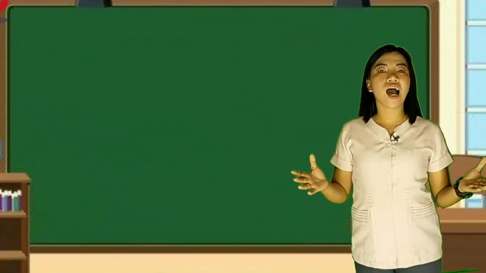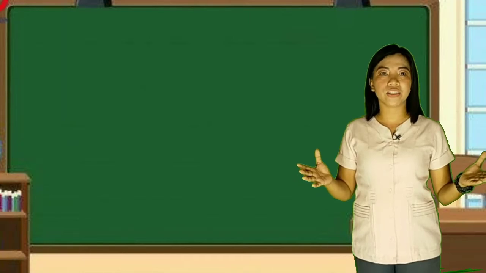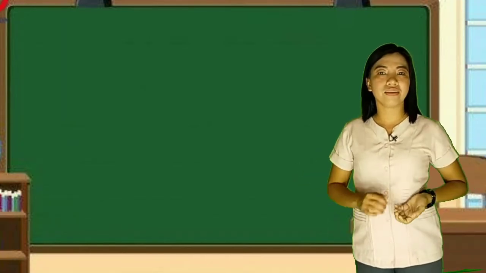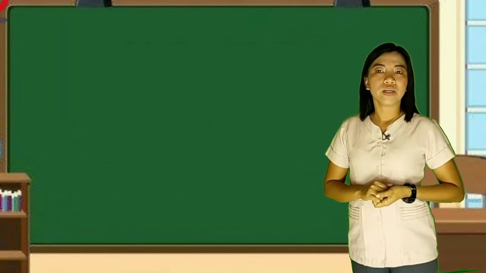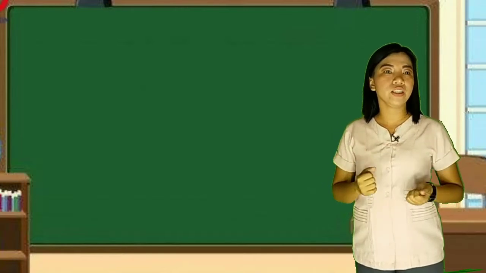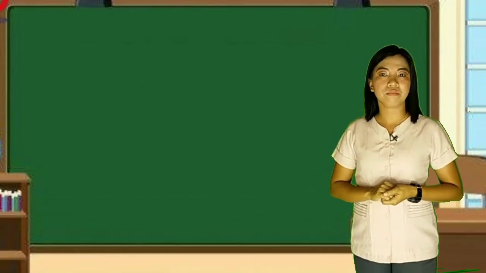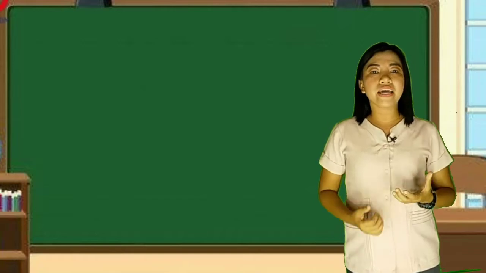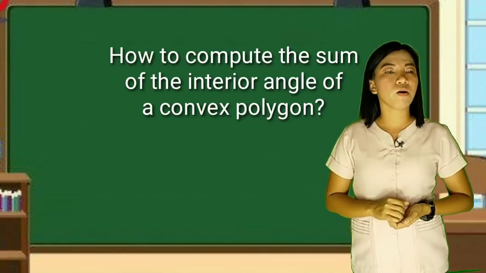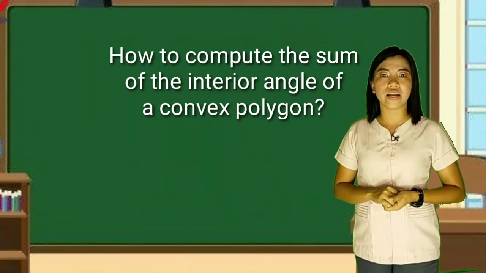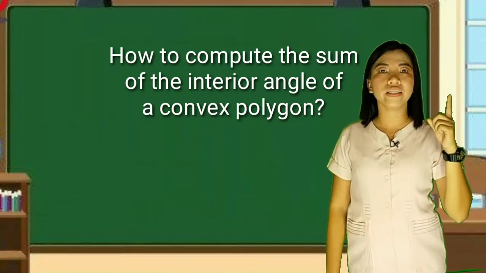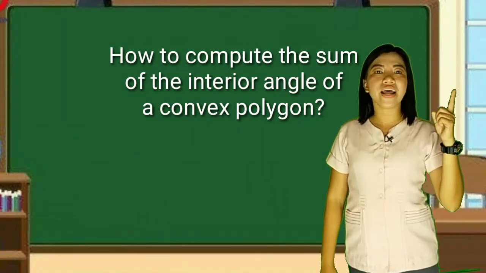The way I see how you responded to those questions, you are becoming a matinik. I hope you still have enough energy for the next activity. But before that, may I ask you again the formula in computing the sum of the interior angles of a convex polygon? That's correct!